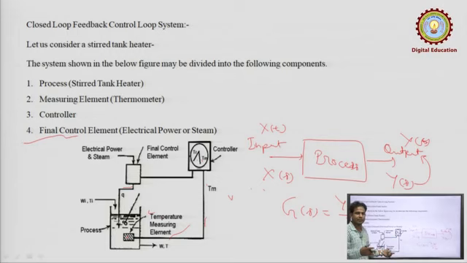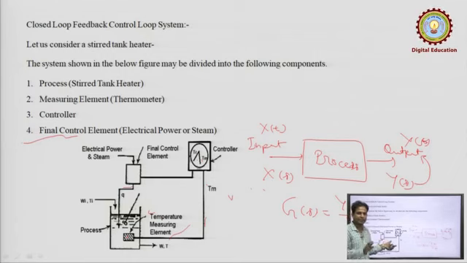It may be any temperature measurement device in case of temperature; if I am taking pressure as the process variable, it may be any pressure measurement device. What is the final control element?